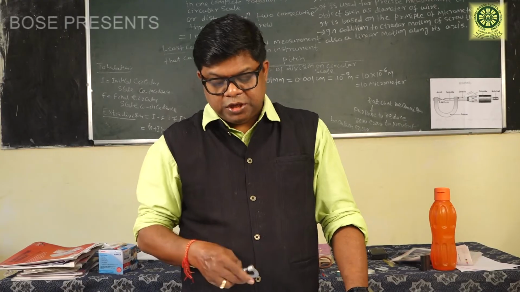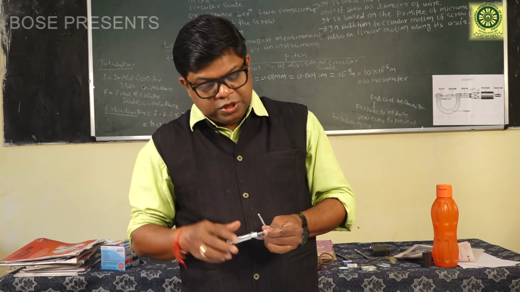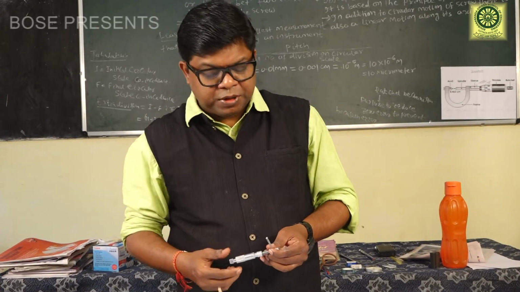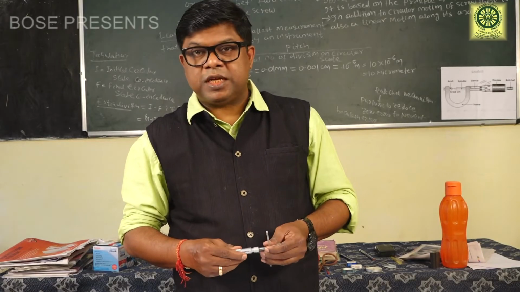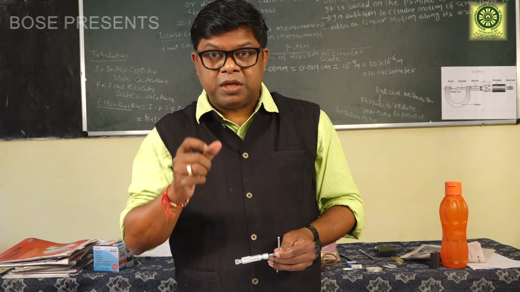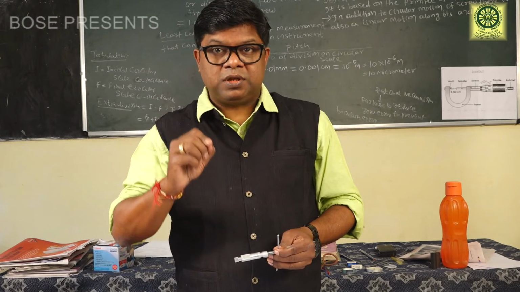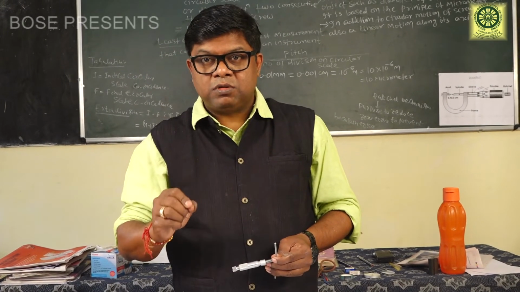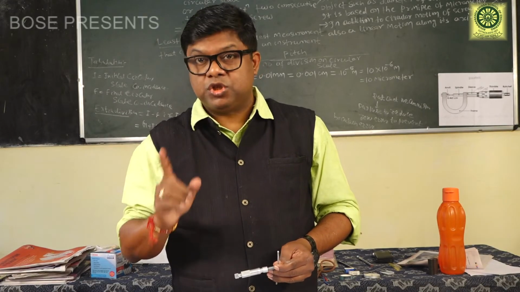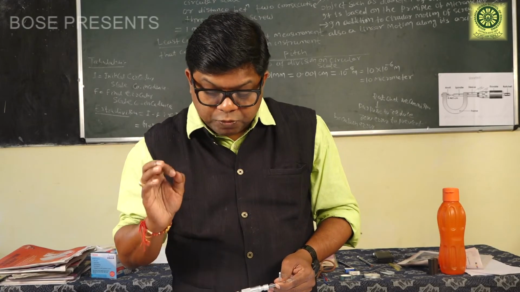The diameter of a wire or any material can be measured more precisely with the screw gauge because its least count is less than that of the slide caliper, which is 0.01 centimeter, or 0.1 millimeter.